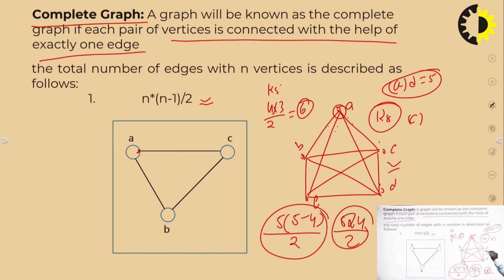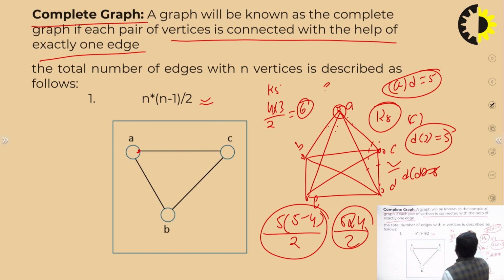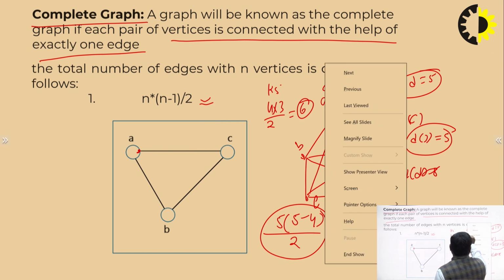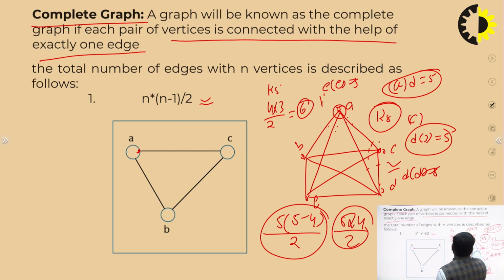We count the number of edges on this node, and that is known as the degree. Now 1, 2, 3, 4, 5, again the degree of C is equal to 5. And what is the degree of D? Degree of D is again 5, the degree of E is also 5, and the degree of B is also 5.